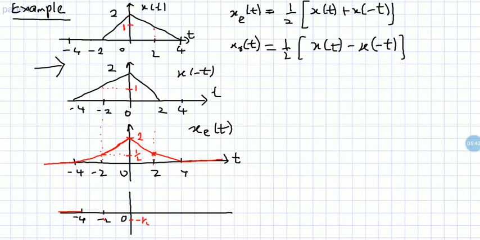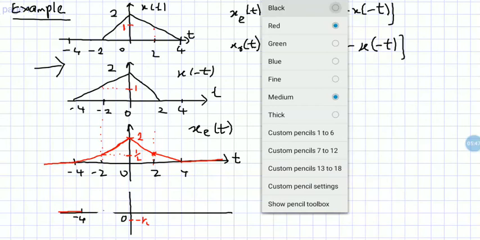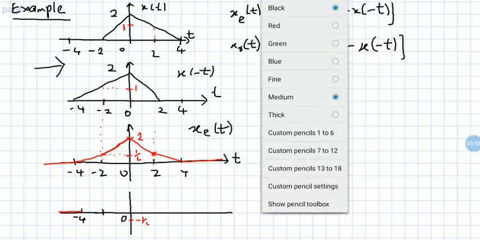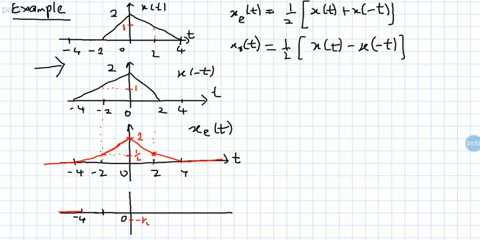I'll just get rid of that here. Okay, so we have from there until minus half, that point. Then from point minus 2 until 0, we have to subtract this value from this value.